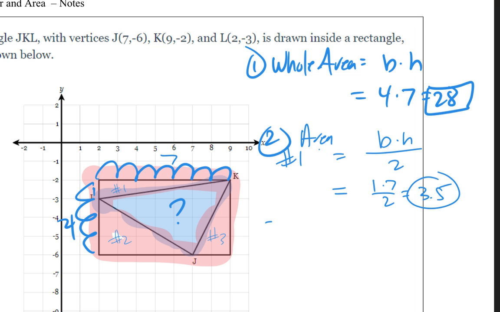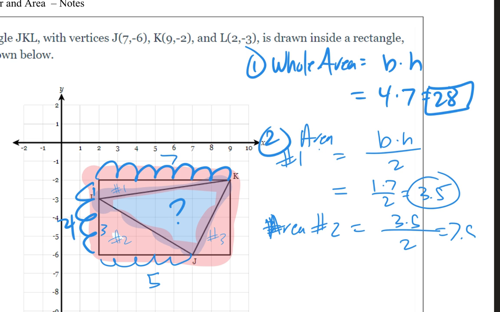Okay. Then we say the area of number 2. So that's going to be equal to, this is 3, right? Right over here, 1, 2, 3, and this is 1, 2, 3, 4, 5. 3, and this is 5. Right? So we're going to say 3 times 5 divided by 2.